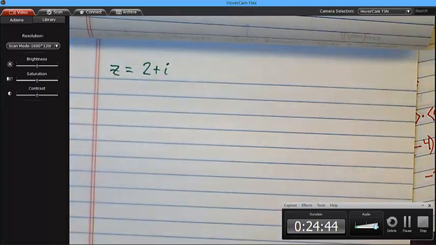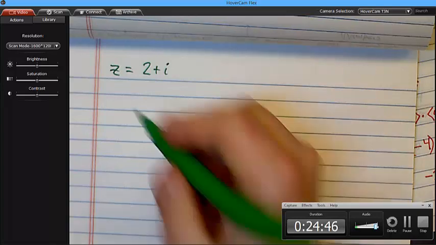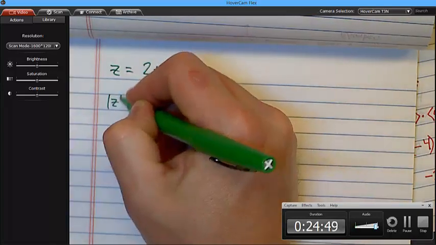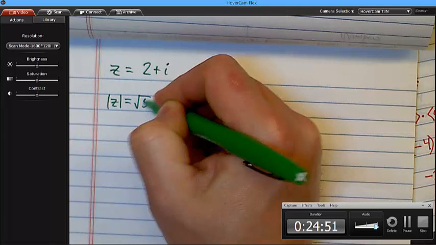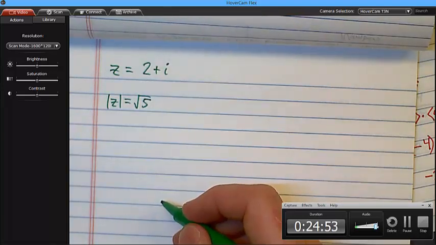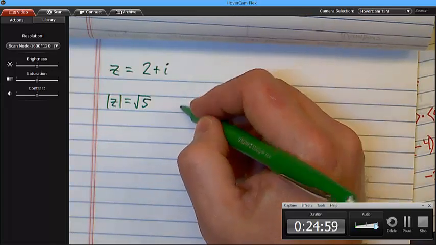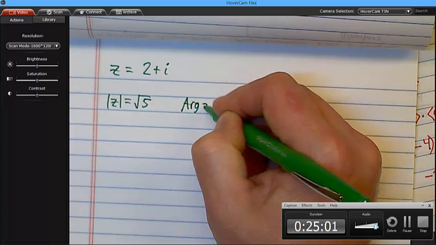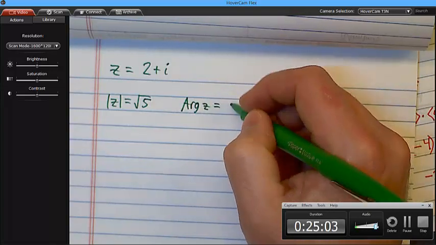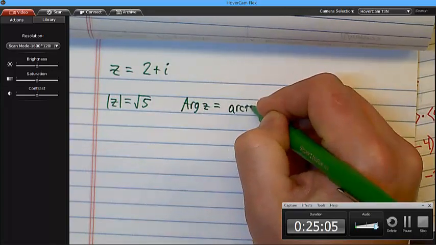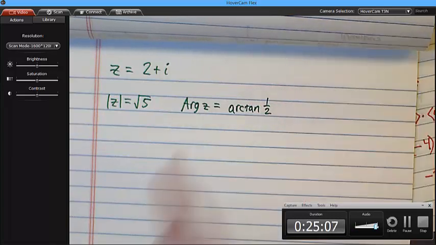And now we figured out the modulus of Z was the square root of 5. And we figured out that the argument of Z was the arctan of a half. So we computed that, right?